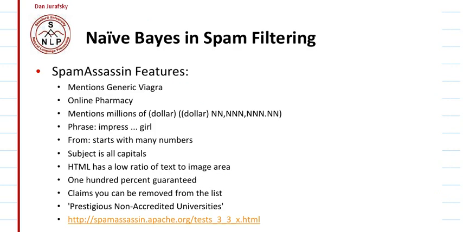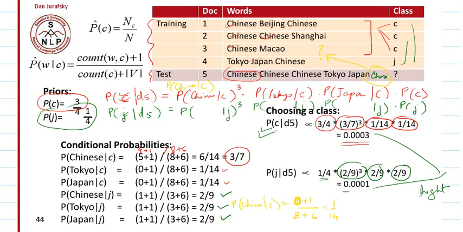Now this naive Bayes can be applied in lots of applications. We need to see what different features can be taken into consideration. In this example, we are using the words as features, and with respect to words, the language model is the bag of words.